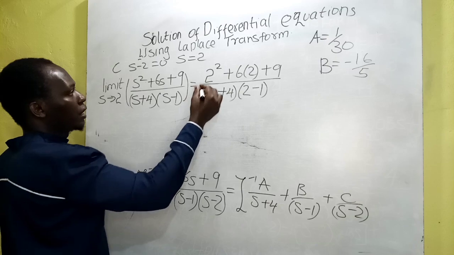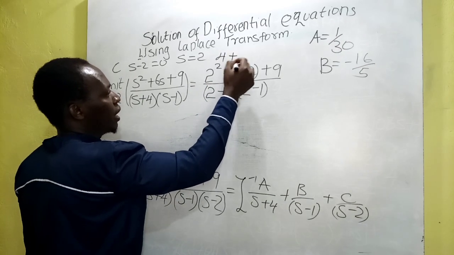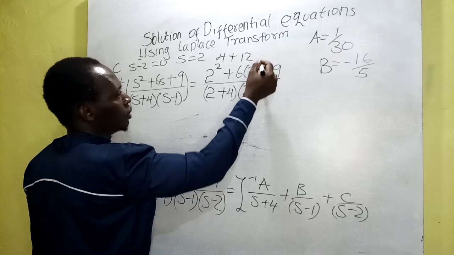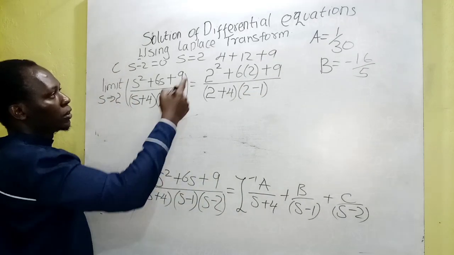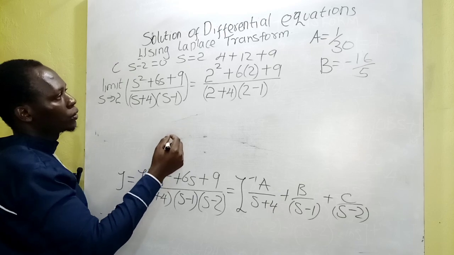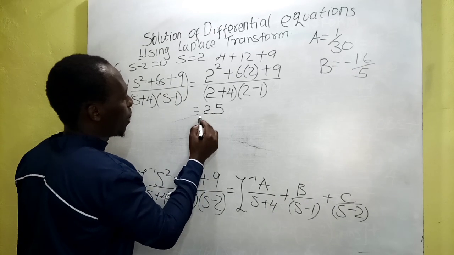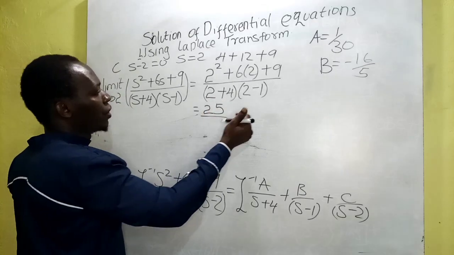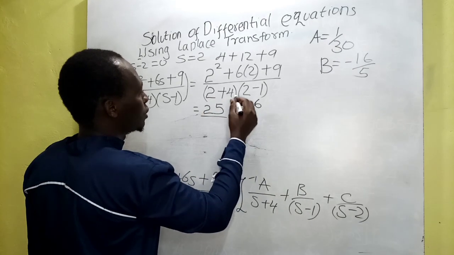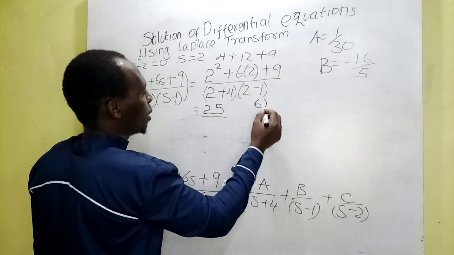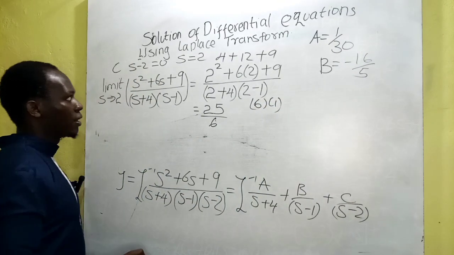On our numerator here, we are going to have 4, we add 12, we add 9, to mean that on the numerator, we are going to have 25 all over. Here we are going to have a positive of 6, we multiply by a positive of 1 all over 6.